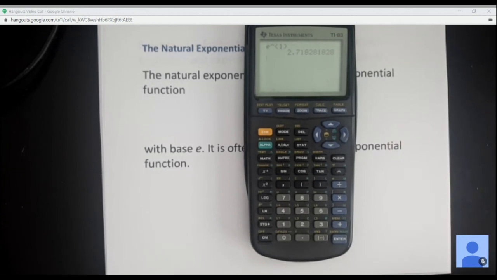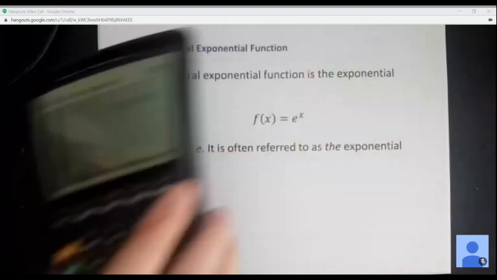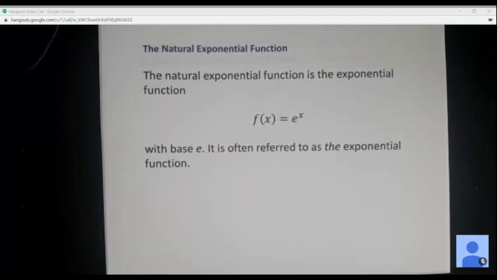Now, if that's the case, and we're looking at e to the x, what do you think the graph of that function is going to look like then?